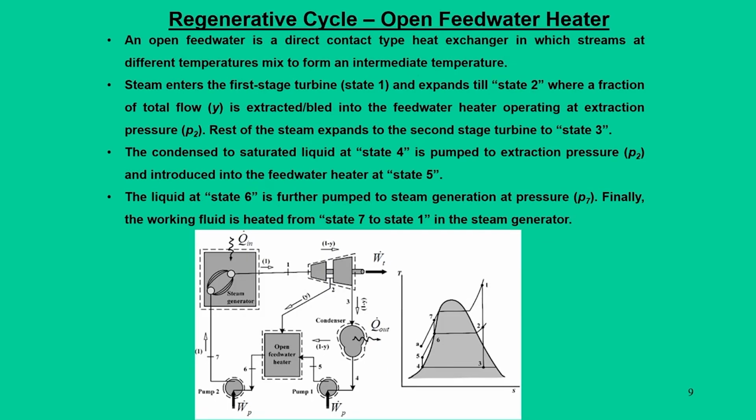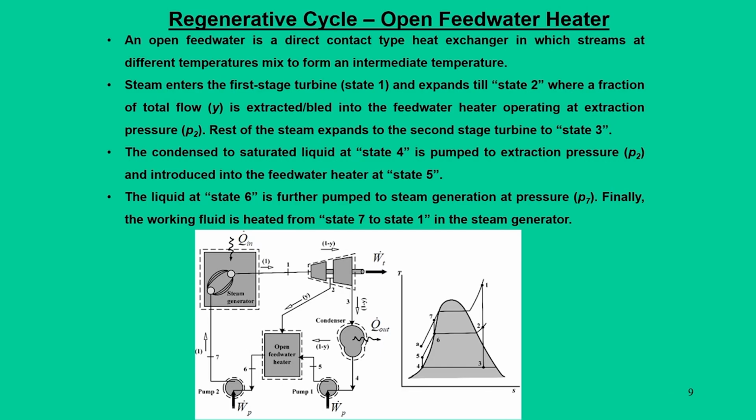Then we will move on to regenerative cycles. So, we have understood the superheat cycle and the reheat cycle, then we will move to regenerative cycles. Let us try to understand this. Before that, we have said that we require superheating for the steam to expand in a turbine.